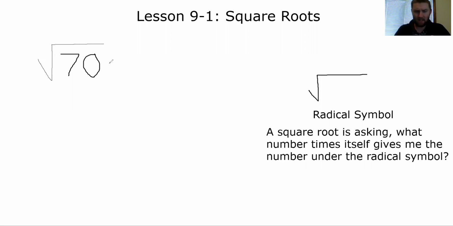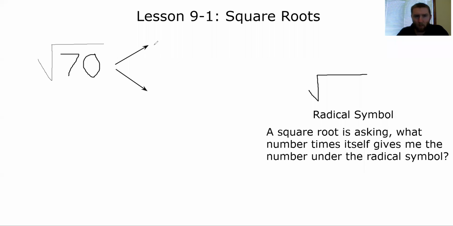So in this case, for the square root of 70, I want you to realize two things. Number one, if I look in my list of perfect square numbers, the number that I see that's right before 70 is 64.